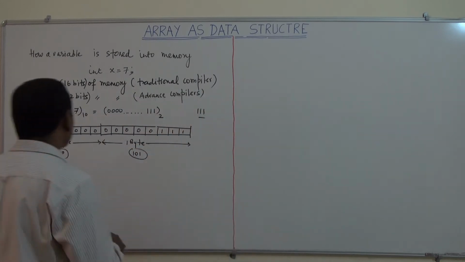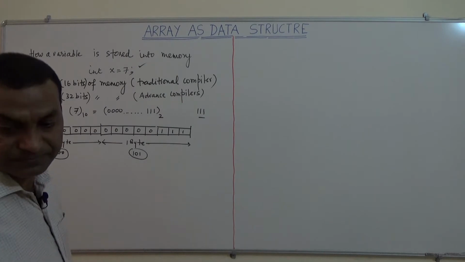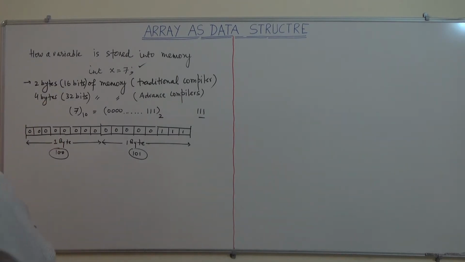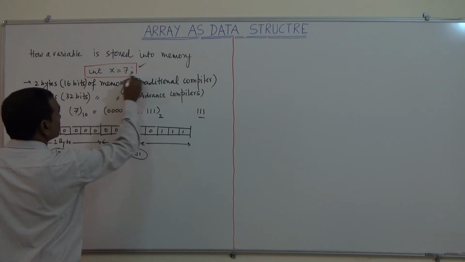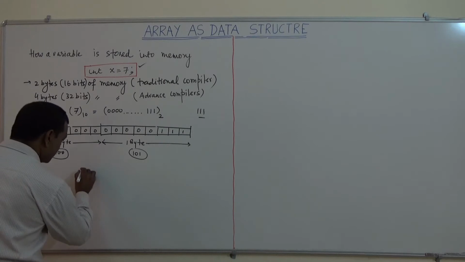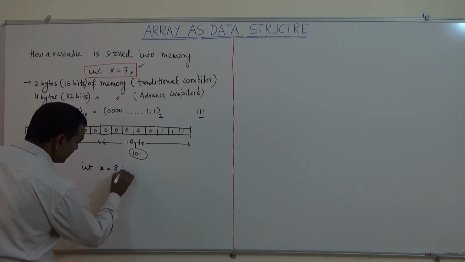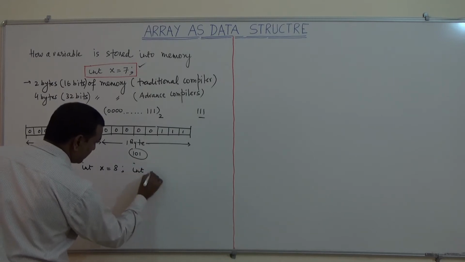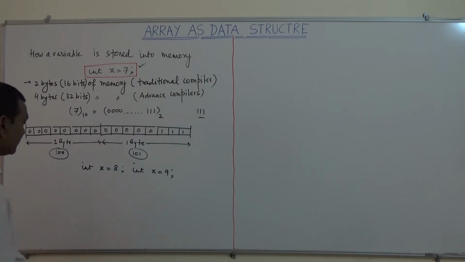If we want to store another number, like here we are using 7, now we want to store another number, suppose int x equals 8 or int x equals 9, and so on. Then what will happen?